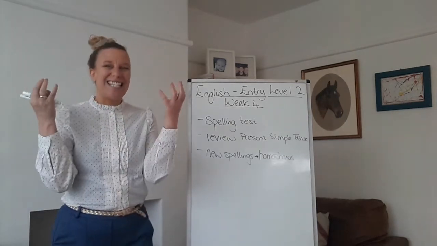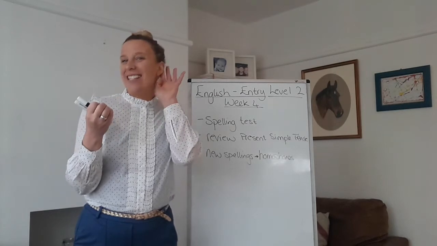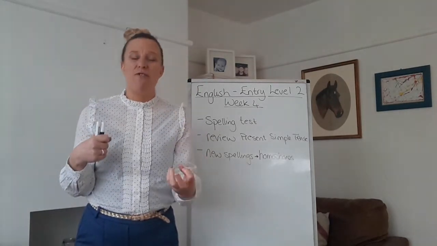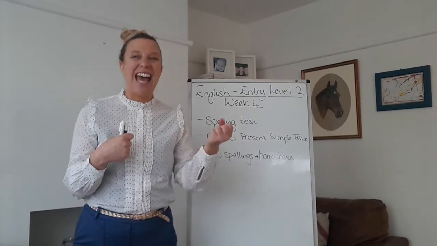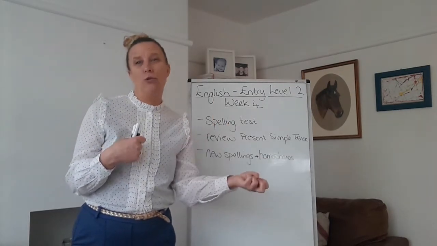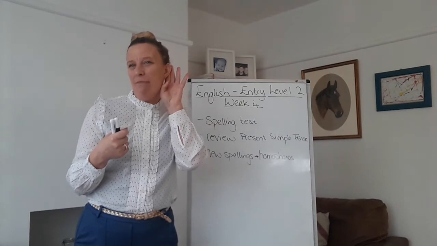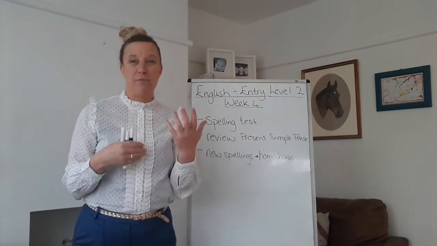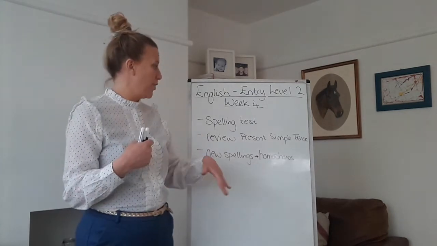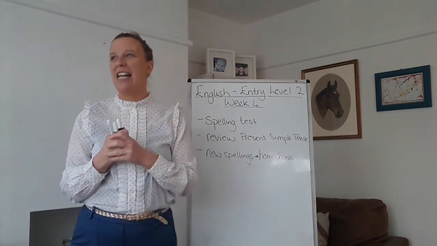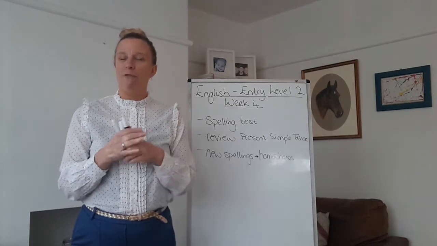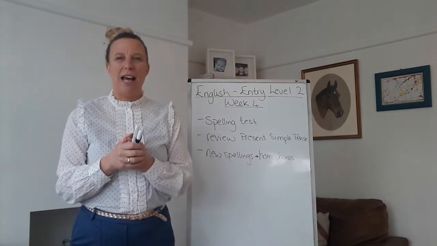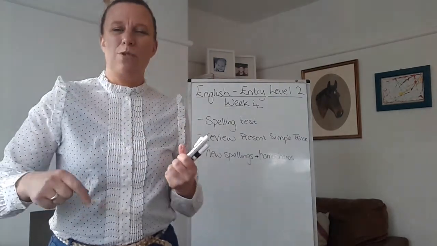Homophones are words that sound the same, but they are spelt differently and they have different meanings, like there and their, or two and too. So we're going to look at some homophones. So that's what we've got planned for today. We'll start off with your spelling test. You've got 9 spellings this week, and I'm just going to pause and then we'll get going with those.